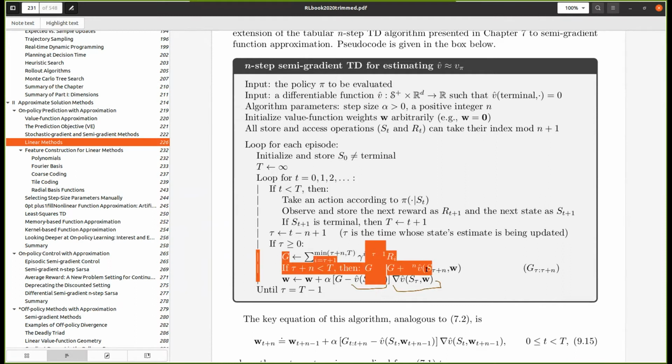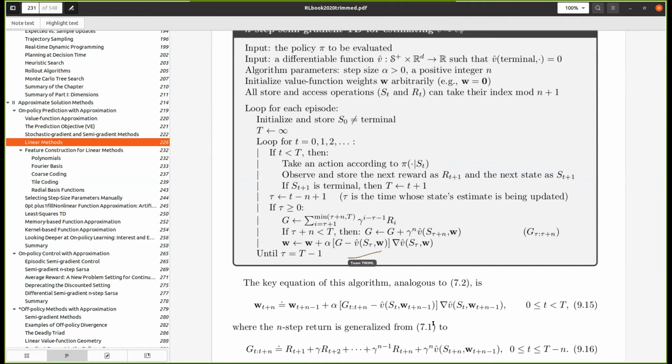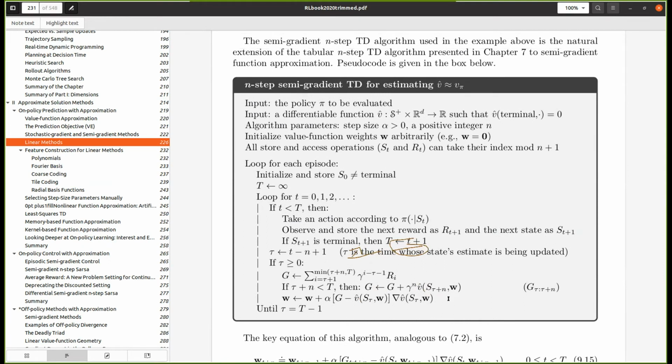Yeah, so in this line, you see that the approximation for the returns also depends on w, but we don't consider the gradient with respect to this, right? Yes, I think so. It's with respect to this guy and this guy. We do not consider it here.